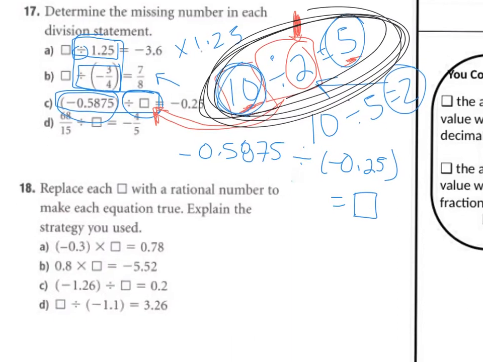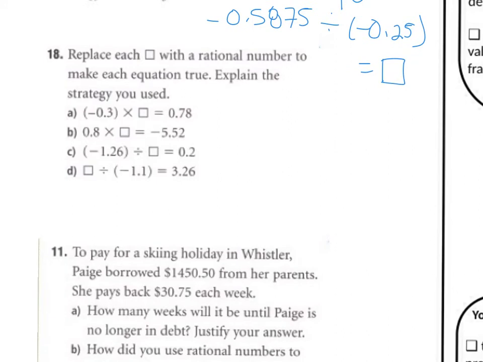So I'm going to move this up. And same idea here. Look at this guy. What number divided by 1.25 negative, divided by what number will give me 0.2? It's the same logic as 10 divided by what number will give me 2.